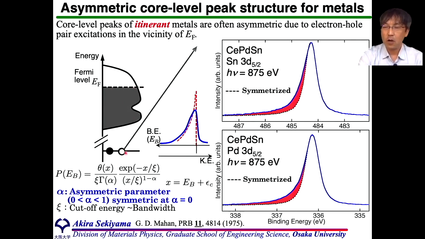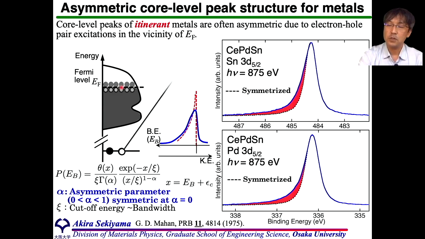When the core-level electrons are excited, at the same time this kind of excitation can be created. So this is an electron-hole pair in the vicinity of the Fermi level.